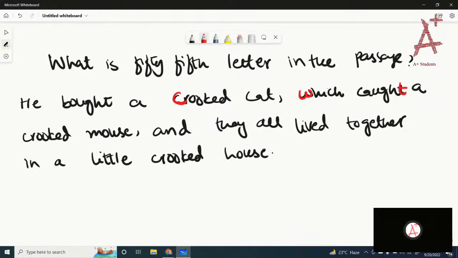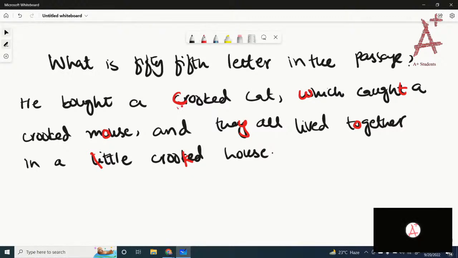So you have to find the 55th letter. Every 10th letter is red. So count the red letters by tens until we reach 50.